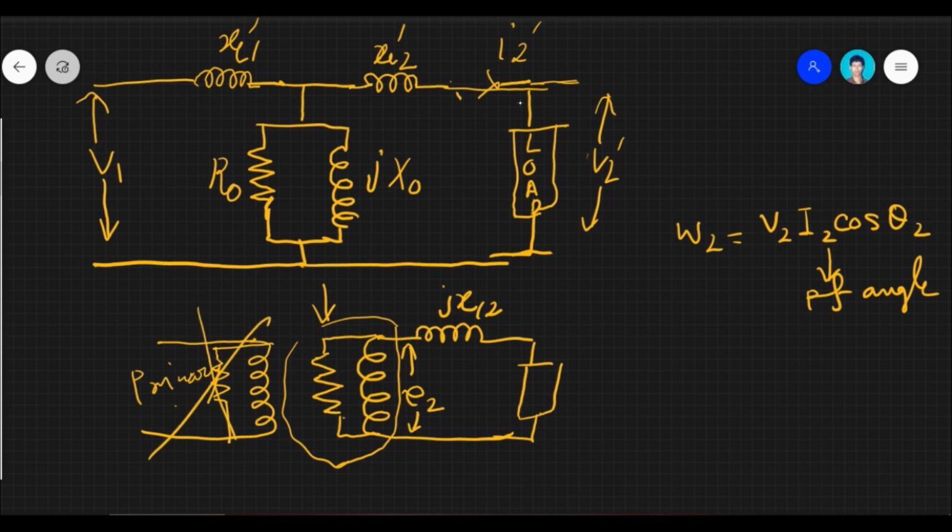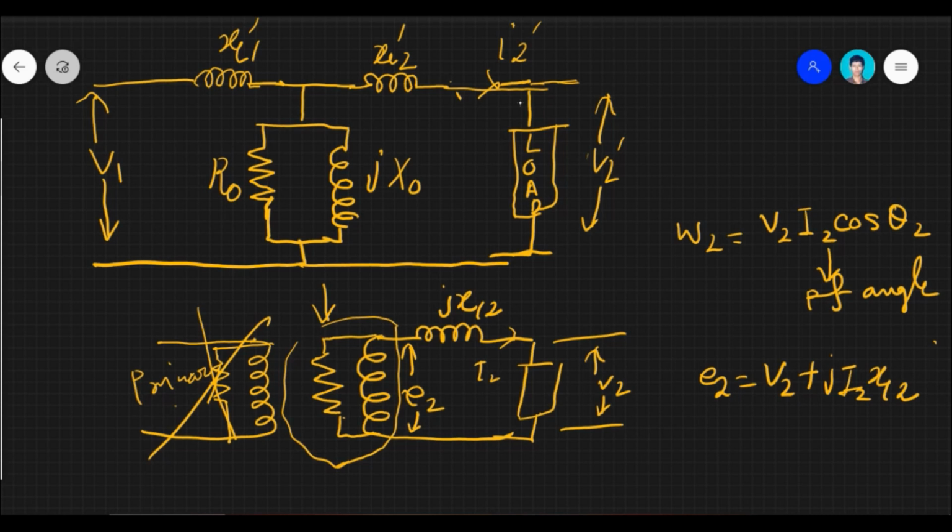So if we try to write the equation for the secondary side, then the voltage across this is V2, the current is I2, then what is E2? E2 is equal to V2 plus jI2XL2.